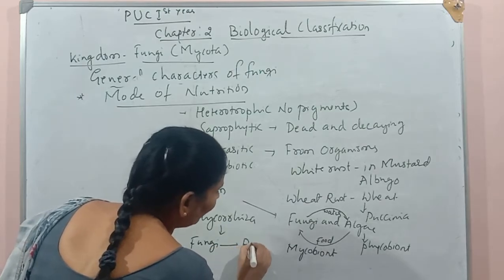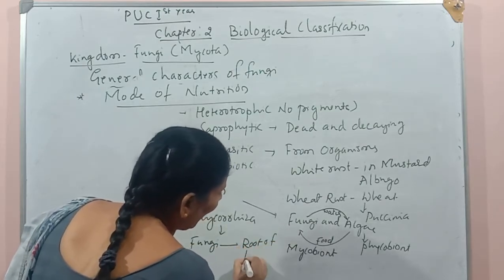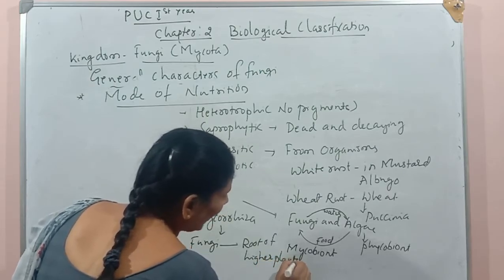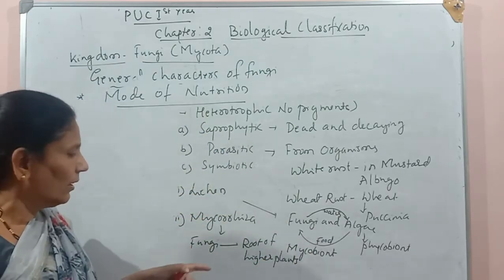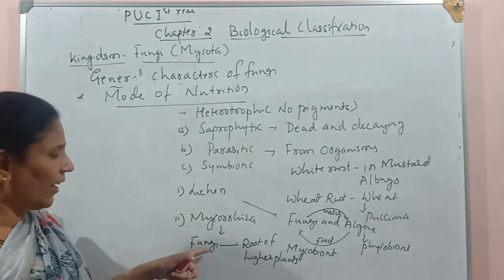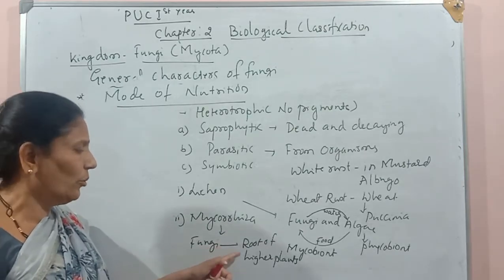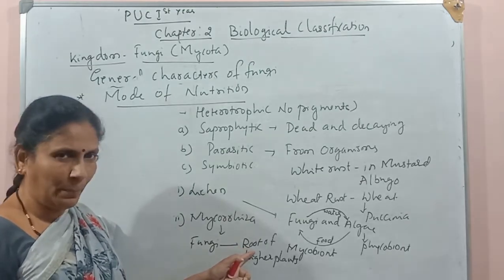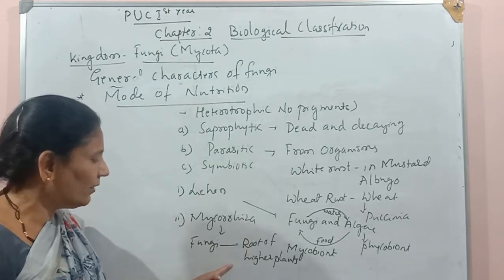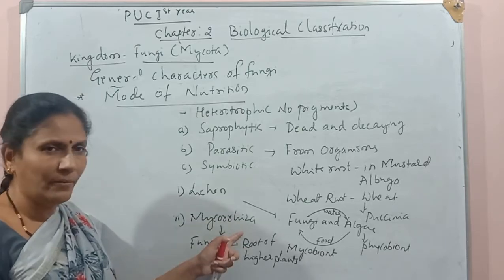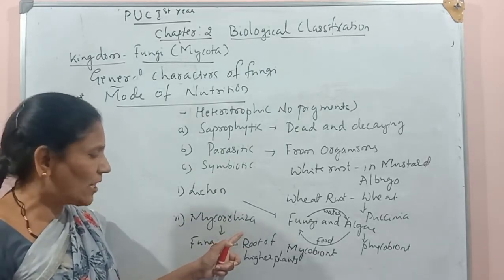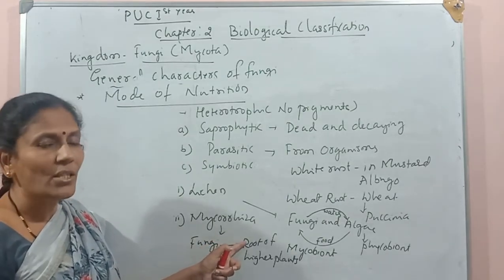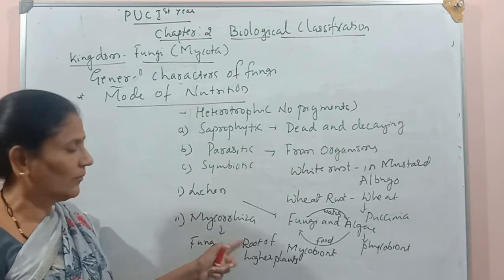In this relation, fungi get nutrition and shelter from these higher plants, and in turn, this fungi provides some phosphorus and also gives resistance to the soil pathogen.